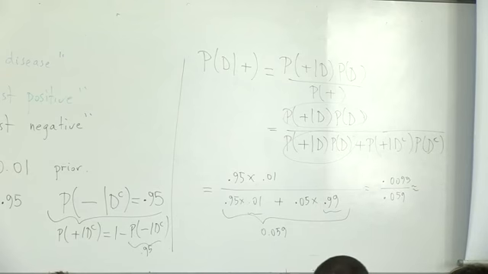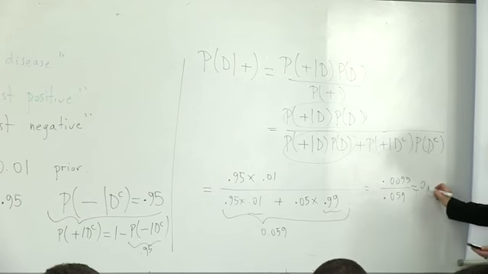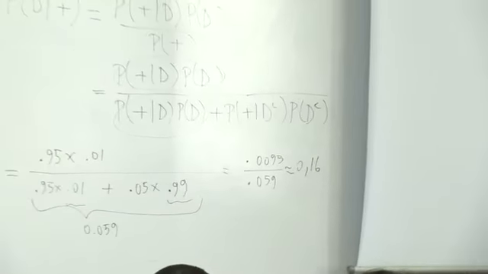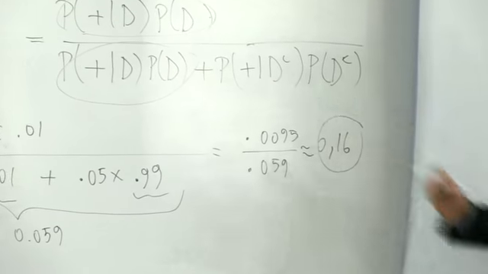Let's compute the result. 0.0095 divided by 0.059. About 0.16. Okay? So this is a relief. If you're the person who was randomly tested positive, this is a relief to you. The actual chances are only about 16%.